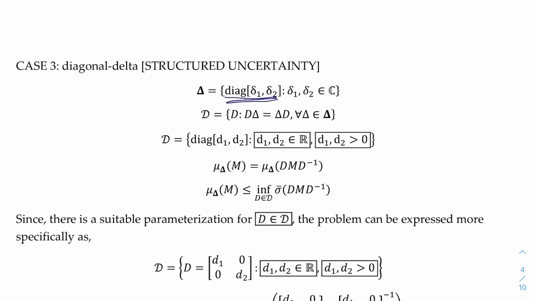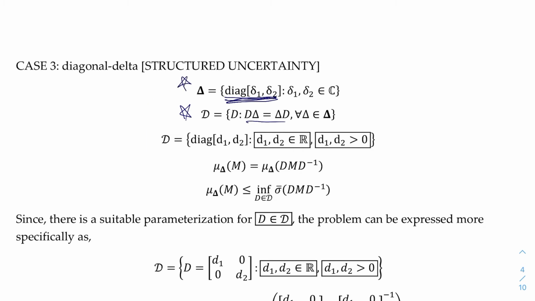Let's continue again, and this is the third case, our diagonal structured uncertainty. Again our D set commutes, and the corresponding D set is this.